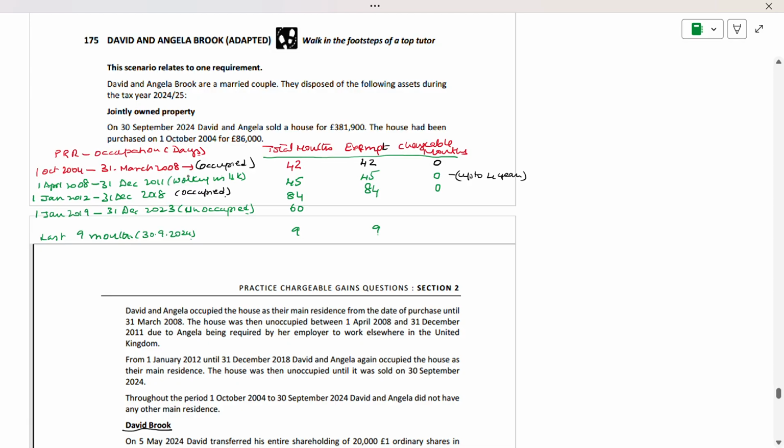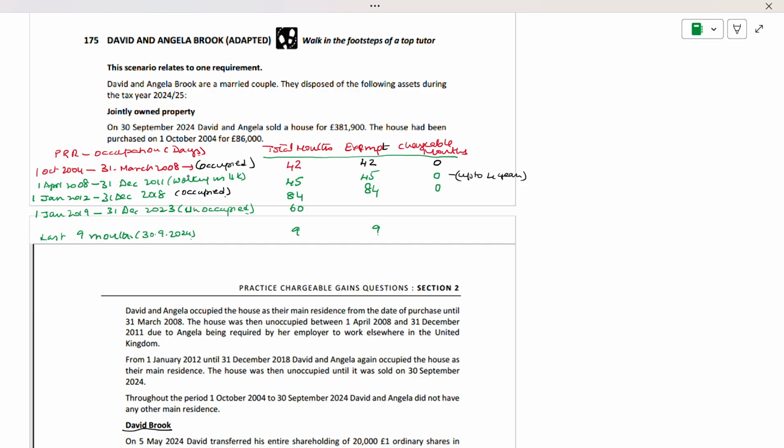This is occupied. Next. 60. Unoccupied. What is the rule? Please tell again.